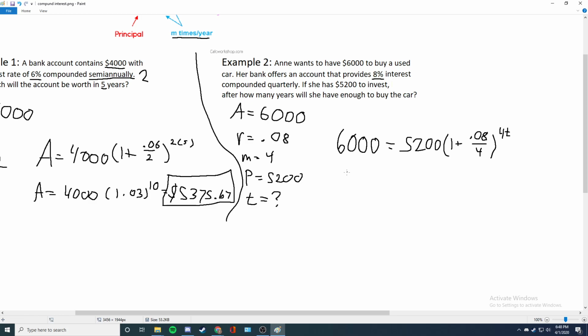So first, what I would do in this case is divide the 5,200 over, just to make it a little simpler.